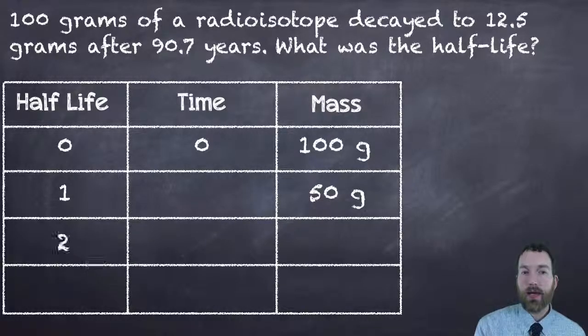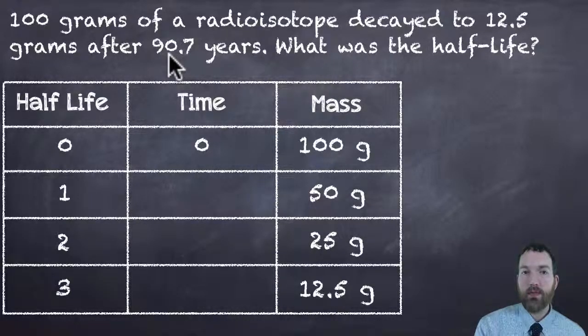After the second half-life, I'm going to decay that 50 grams into 25 grams. After the third half-life, I'll be down to the 12.5. Now it says this 100 grams decays to 12.5 grams in 90.7 years. So my time after the third half-life is 90.7 years.